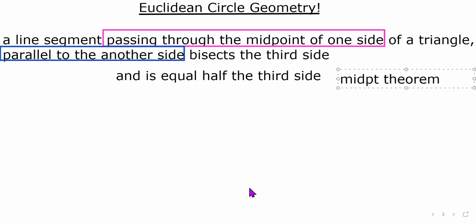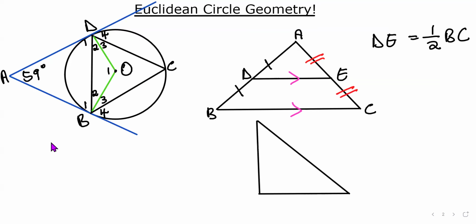Okay, that's the first way in which you can state it. That's not all. We do have a second way. What does it say? Well, in this case, it says a line segment joining the midpoints of two sides of a triangle is going to be parallel to the third side.